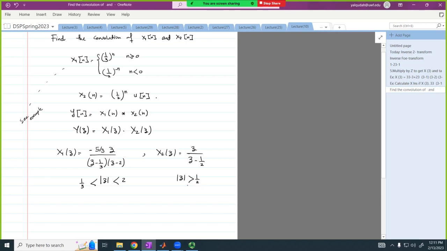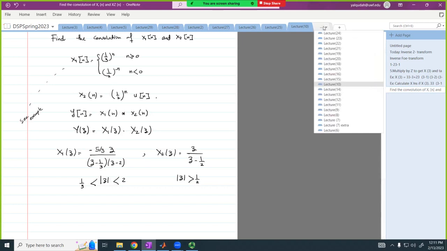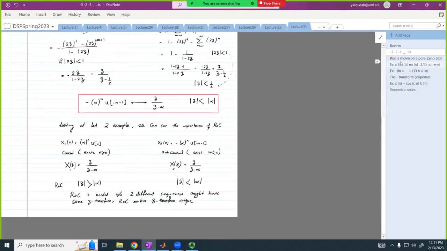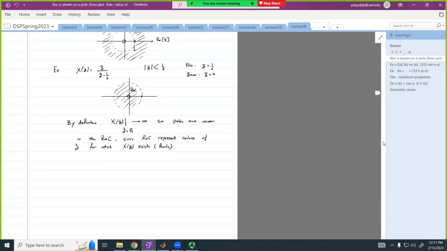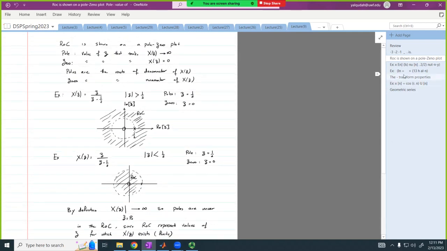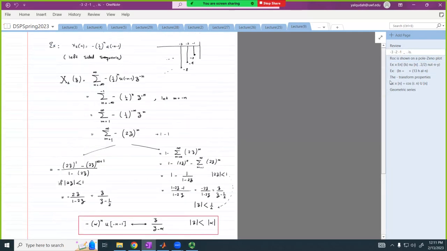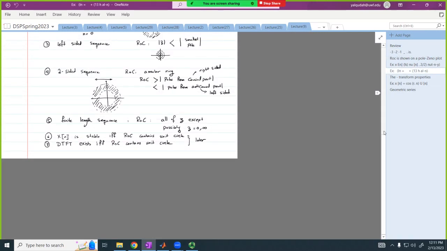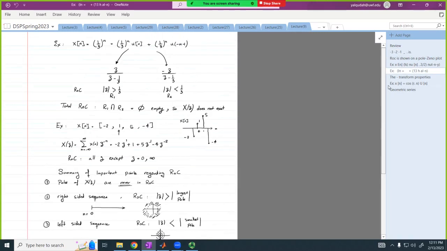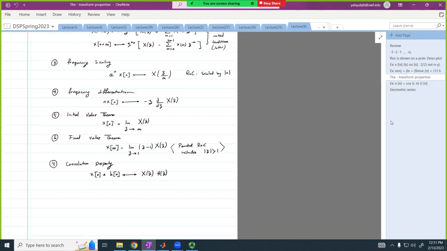When did we calculate something similar to this? Or did we not calculate one like this?